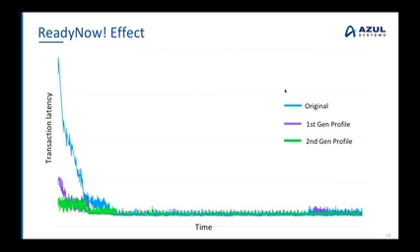With the first generation profile, we get a better initial performance, and we've got an interesting sort of anomaly, I should say, more towards the right-hand side of the graph, where we see a bit of an uptick in latency associated with that profile. But with the second generation profile, we bring that down even further, and we get a nice flat line in terms of our performance. So this just gives a sort of picture of how ReadyNow can really reduce the latency of initial transactions for our application.